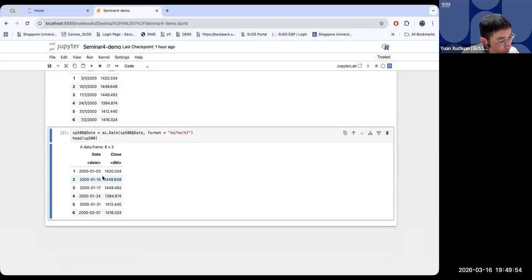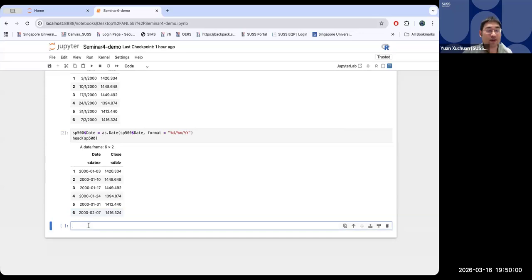Remember, when you look at the data, you want to see whether there are empty values in the time series.